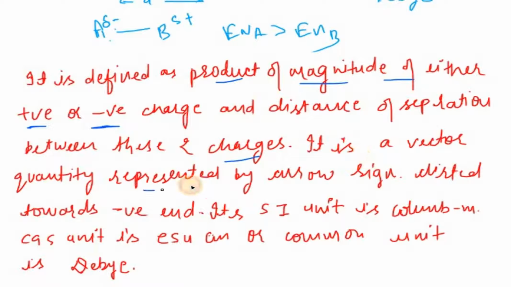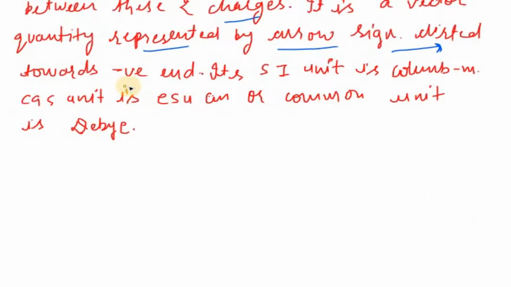It is a vector quantity represented by an arrow sign, directed from the positive end towards the negative end. Its SI unit is coulomb meter, the CGS unit is ESU centimeter, and the common unit is debye.